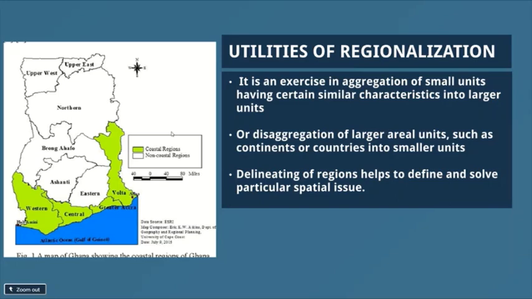So let's say the government wants to allocate money to fishing communities and help them solve a certain challenge. Once we've been able to classify Western, Central, Greater Accra, and Volta region as coastal areas which are also involved in fishing, that money meant to support fishing won't end up in the Upper West region, but it will get to the right place, and this is very key.